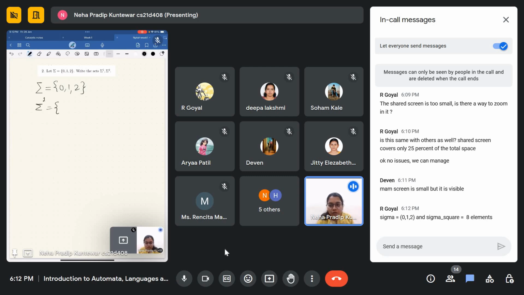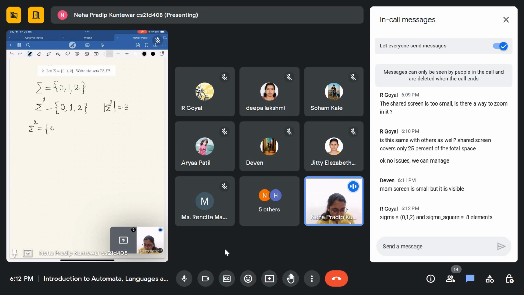Since sigma 1 contains all the elements of length 1, you can only have either 0 or 1 or 2. So this is your sigma 1, or first power of alphabet, and the size of this set is 3. Now sigma raised to 2 is the set of all elements of length 2.